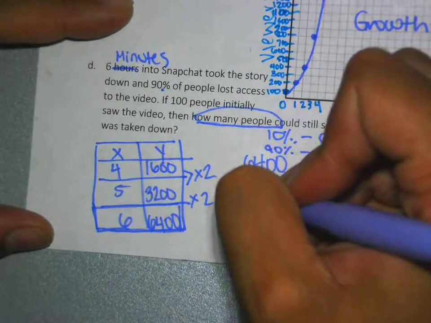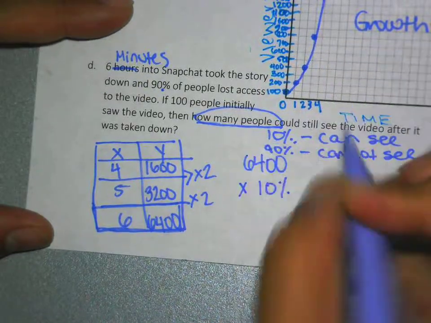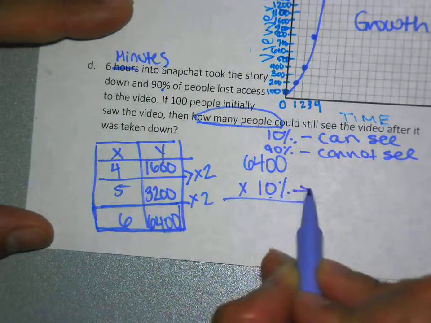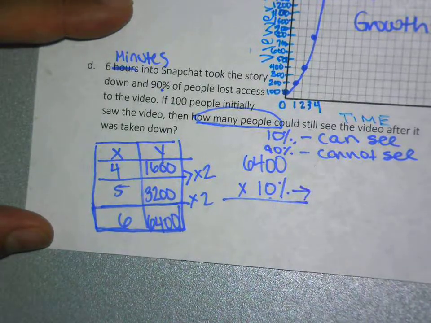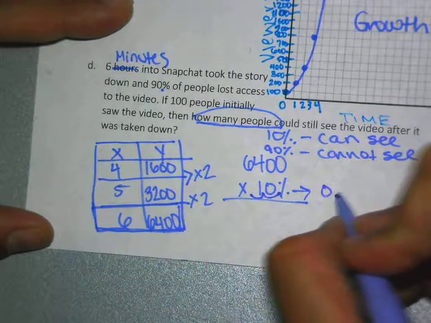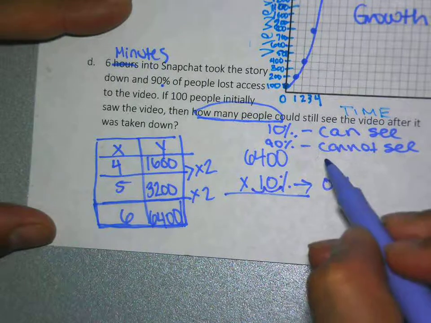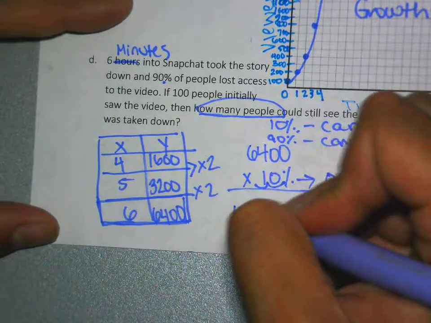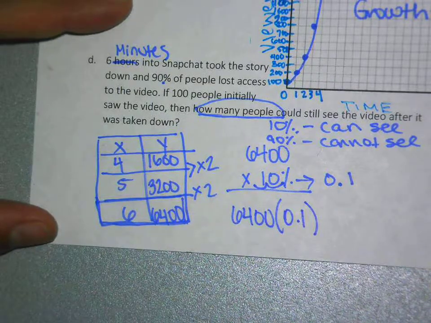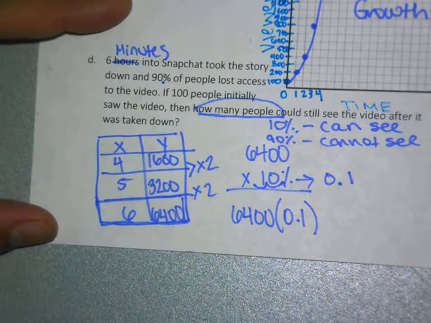So I know that I'd have to multiply, but I cannot multiply a percentage. It's going to give me a bigger number. We always have to convert a percentage into a decimal. To do that, we move the decimal twice, which gives us 0.1. So I'm going to take 0.1 and 6,400, and I'm going to multiply those.